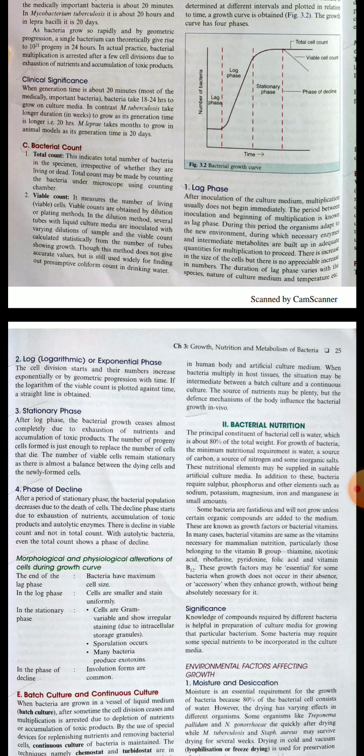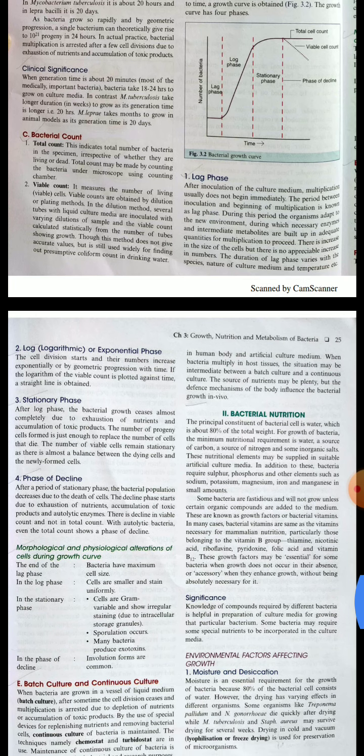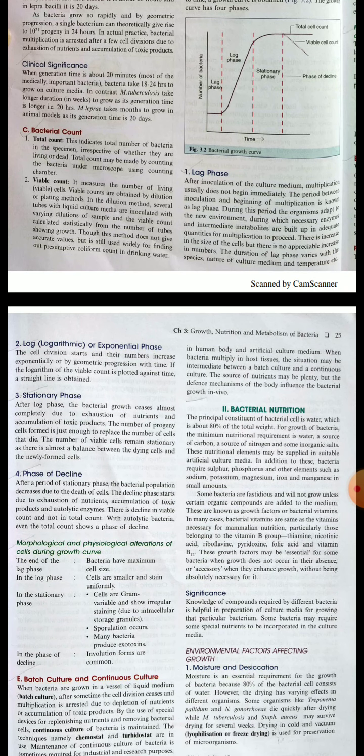During this period, the organism adapts to the new environment, during which necessary enzymes and intermediate metabolites are built up in an adequate quantity for multiplication to proceed. There is increase in size of the cell, but there is no appreciable increase in number. The duration of the lag phase varies with the species, nature of the culture medium, temperature, etc. So this is all about lag phase.